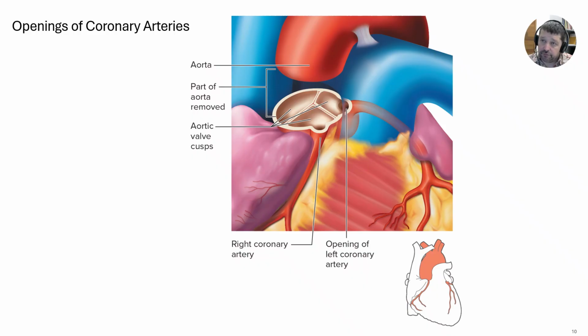So these are really the first arteries that get that oxygenated blood, and of course we need to supply the thing that's doing all the pumping first. This is where the heart gets its main supply of blood.